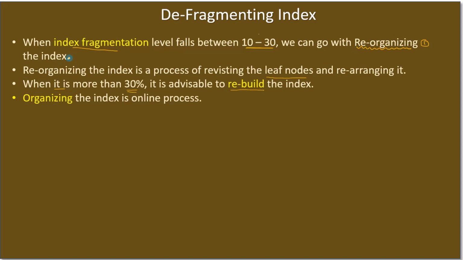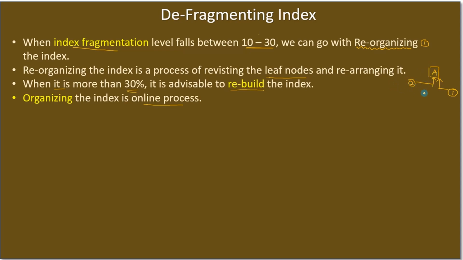So here we are talking about reorganizing the index. Reorganization is an online process. That means if the index is on a particular table, since it's an online process, other users can access this table. Let's say reorganizing is going on, and there are some other client operations, maybe some client application or other users accessing the table.